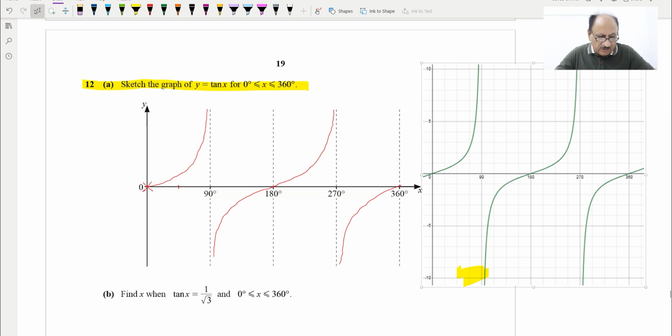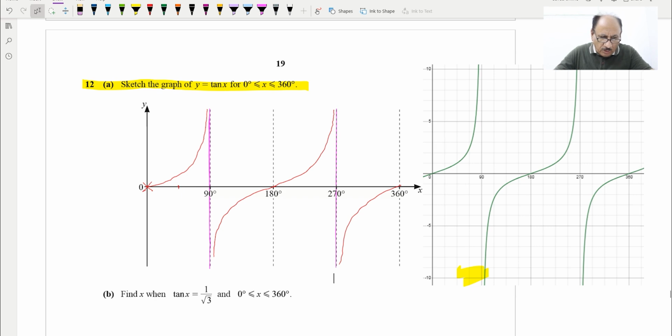It's never touching 90 degrees, it's never touching 270 degrees. So these are the asymptotes. The asymptote line is this one, and this one. It's never attaining these values. Up to 360 we need to show, which we have shown.